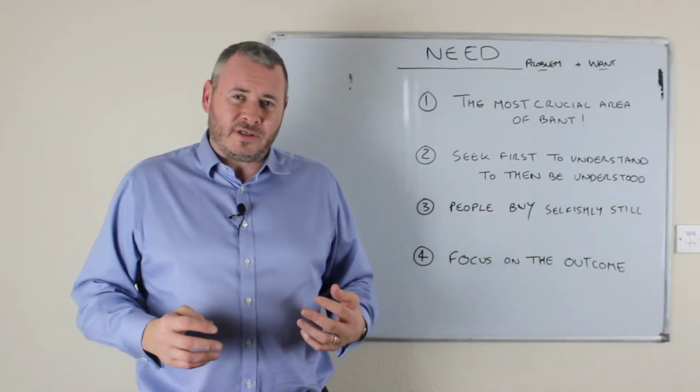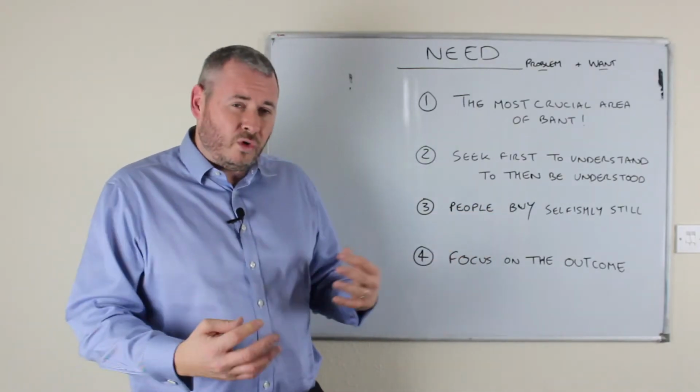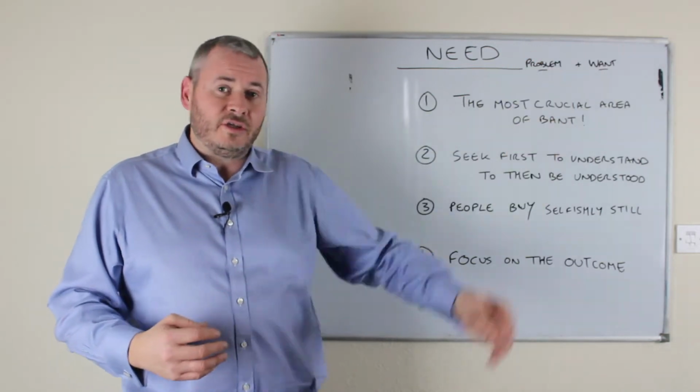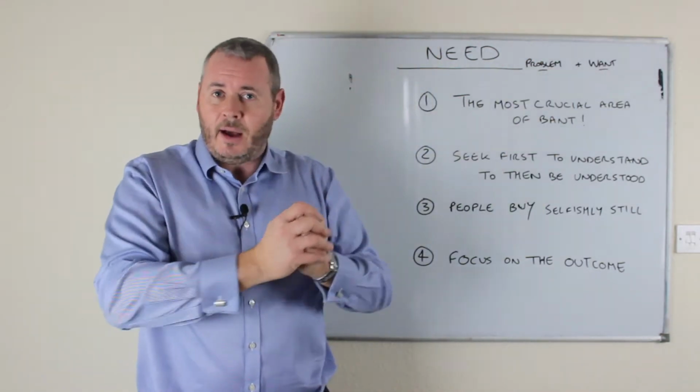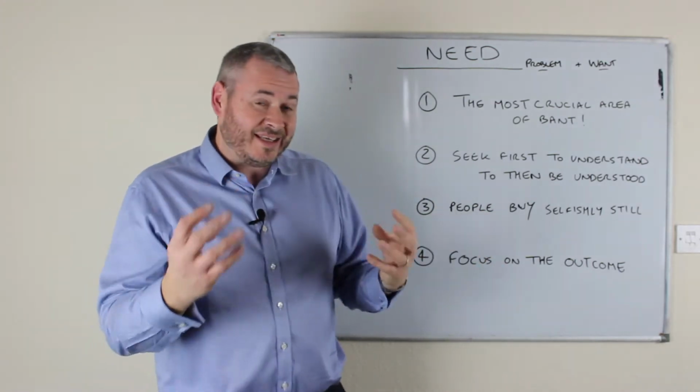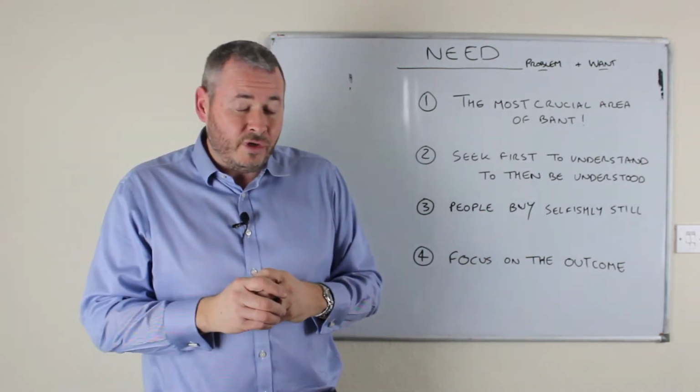And the driver behind that was they knew if they bought IBM, it was a safe decision. They would protect their jobs. They would go to their bosses and say, I've made a safe choice. People still buy selfishly, and our goal as salespeople is to understand what's driving that. Maybe they've got an aspiration to lead a certain department or area, and your project can help elevate them to that. Whatever it is, our job is to understand that so that we can get to really know what's going on.